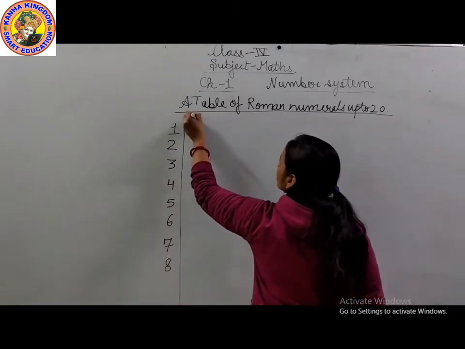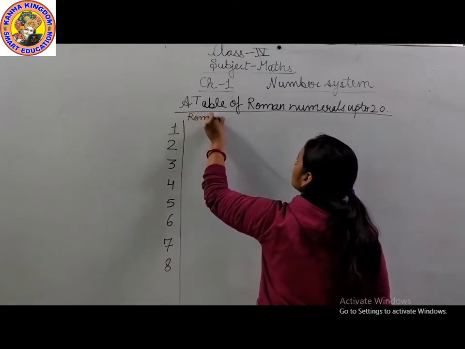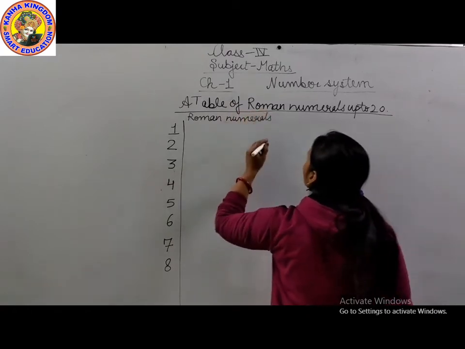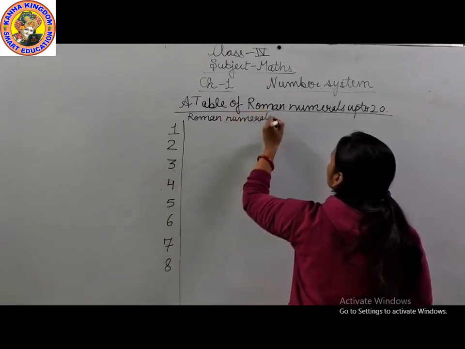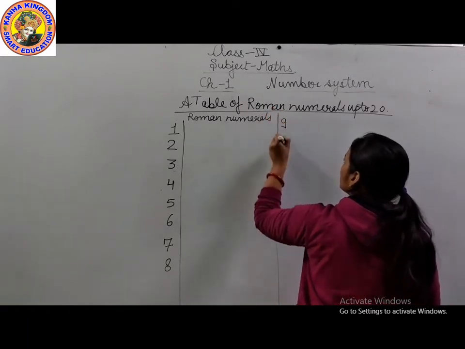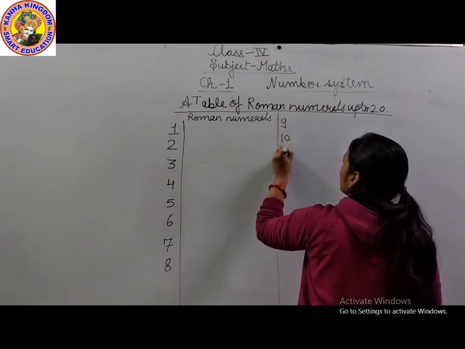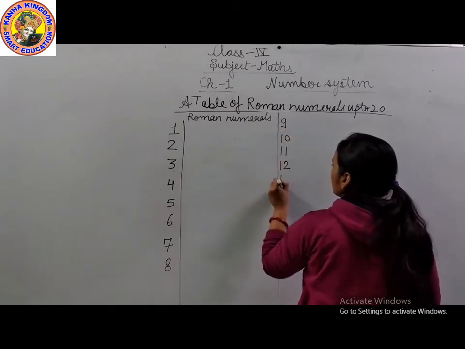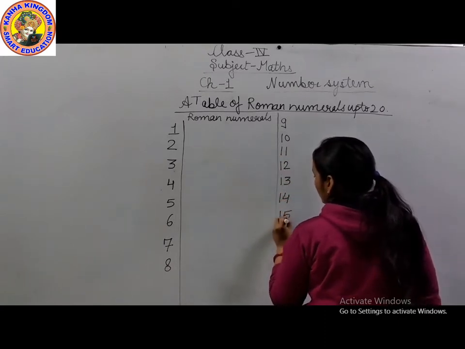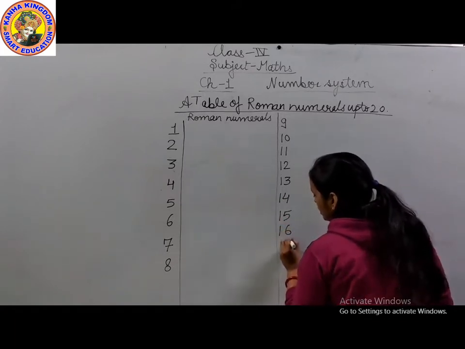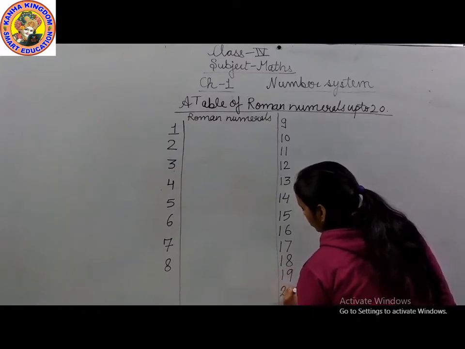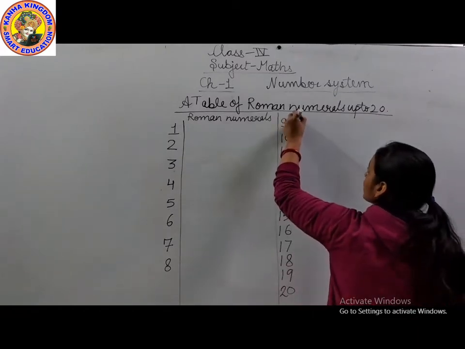Here we write Roman numerals. Now 9, 10, 11, 12, 13, 14, 15, 16, 17, 18, 19, 20. Okay?